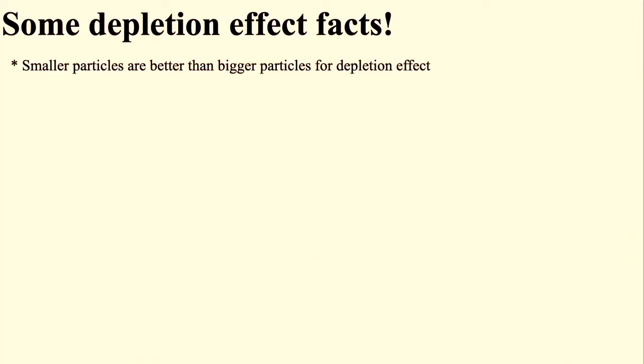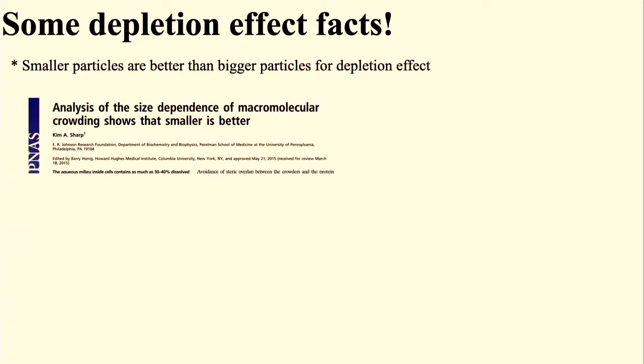In depletion theory, there are some universal facts people have now established: smaller particles are better than bigger particles for the depletion effect. If we take two different types of particles, with radius R1 and R2, and R1 is less than R2, R1 will be better at crowding and better at forming the phase separation.